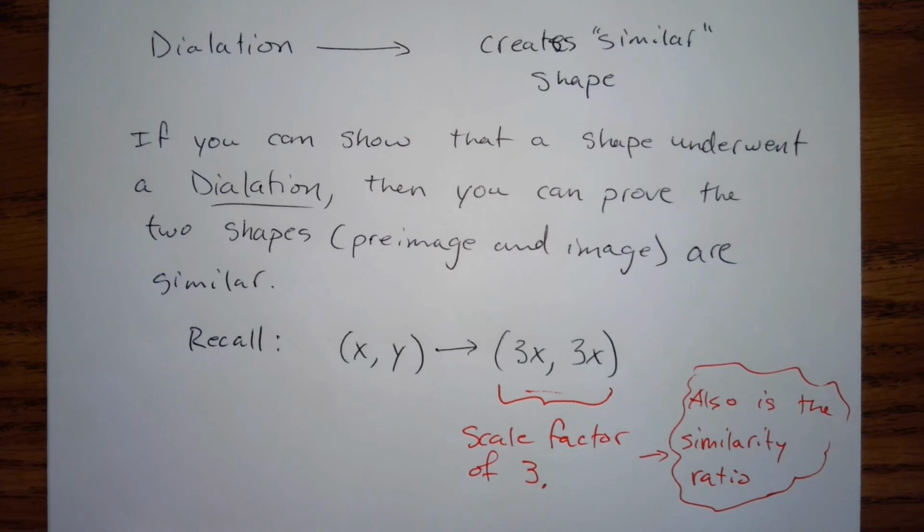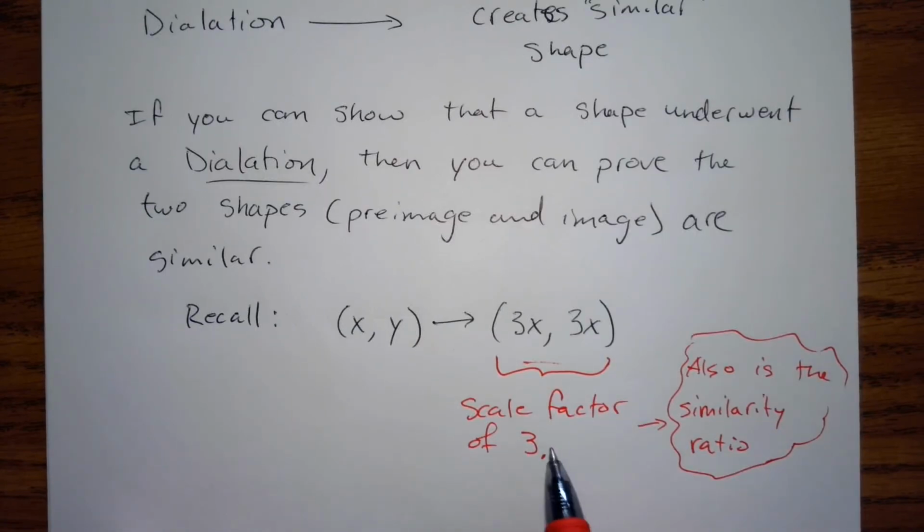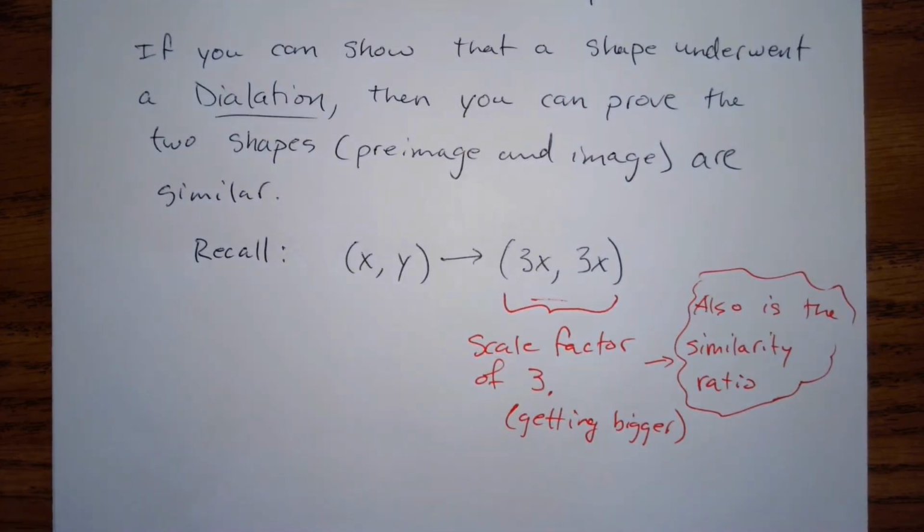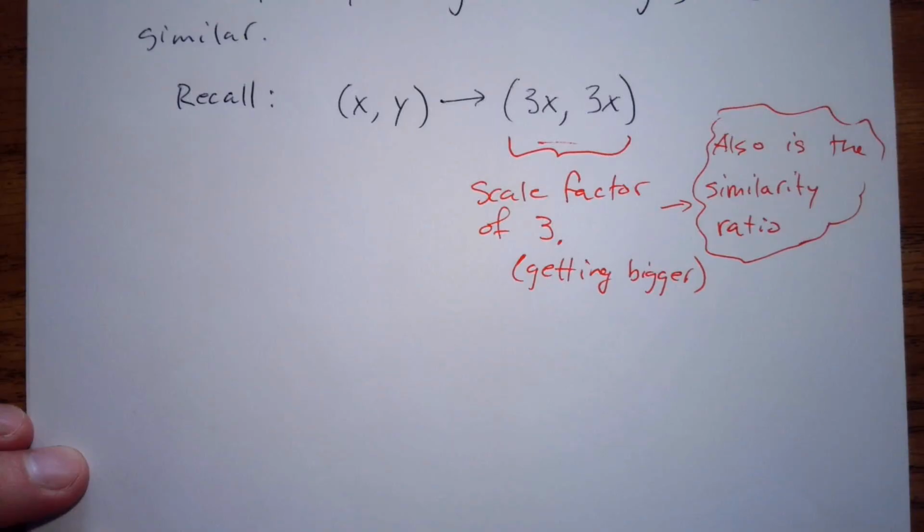So scale factor of 3 means the shape is getting bigger. And if you wanted to go smaller, it would be 1/3. You'd multiply by 1/3 or divide by 3. But I'm just going to say that and not write it down.